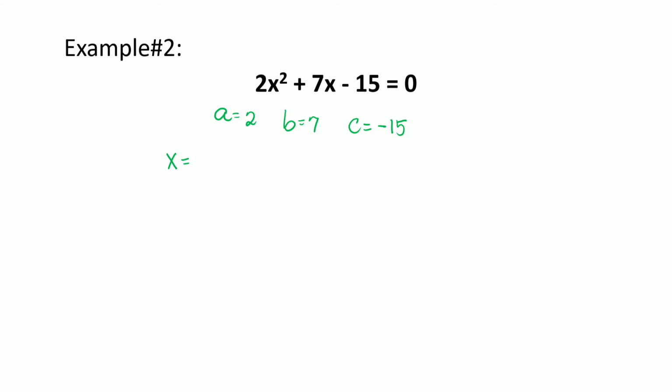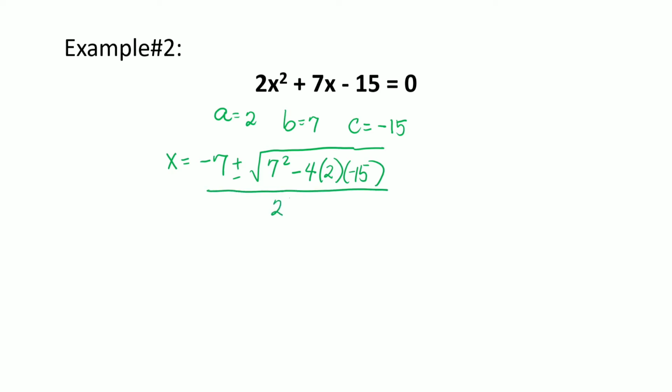So x is equal to negative 7 plus minus the square root of 7 squared minus 4 times 2 times negative 15, all over 2a, so that would be 2 times 2.